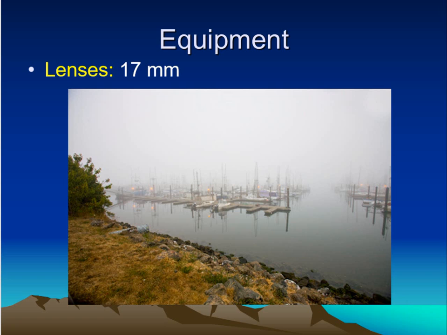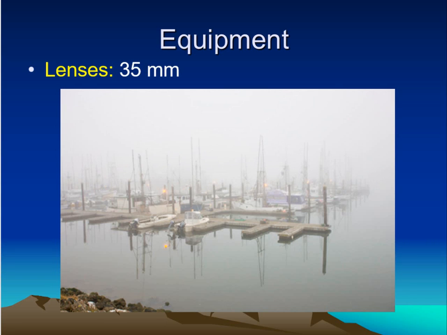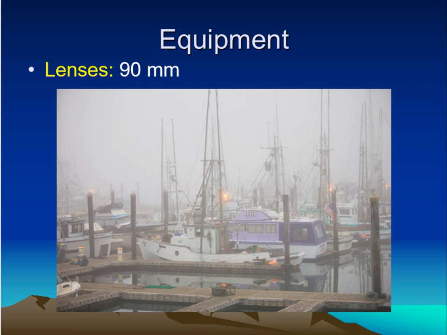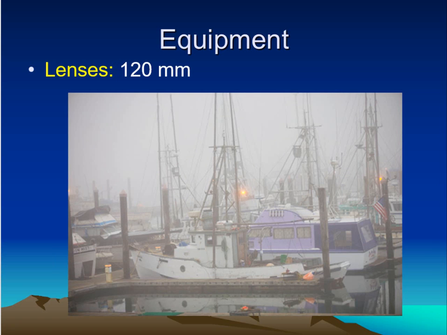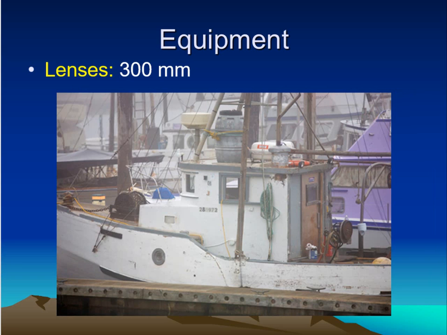So this is a perspective at 17 millimeters. So let's just cycle through these to show you what you get as you continue to change your focal length. So here we're at 24, and now we're at 35. So here we are at 50 millimeter lens. Then we're at 90, as you can see, slowly zooming in on this boat here. 120, 200 millimeters, and 300.